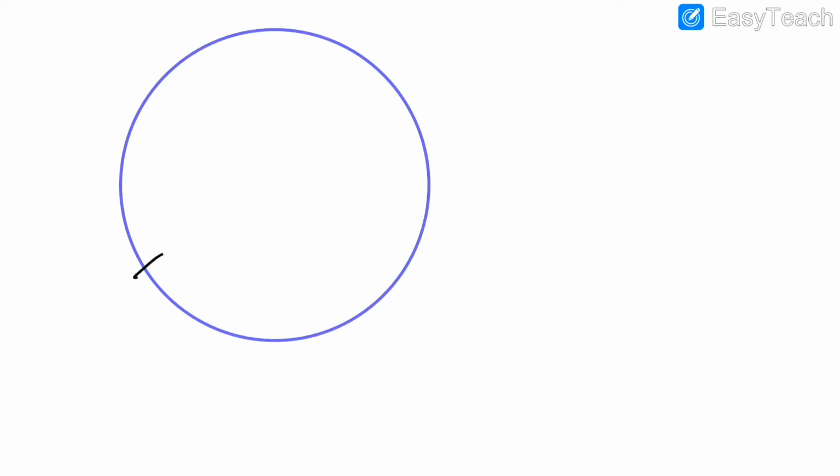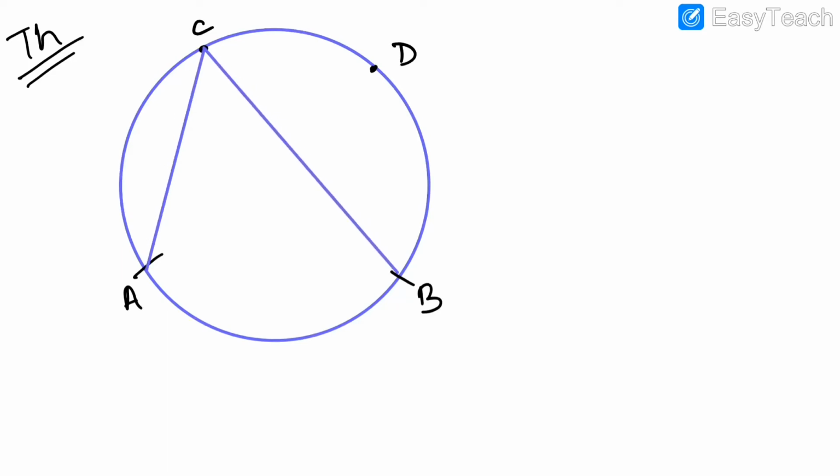We mark any two points, suppose A and B. So this theorem states that the arc AB, whatever angle it subtends on the circumference of the circle, suppose we mark another two points, C and D. The arc AB is subtending angle ACB at point C and angle ADB at point D.